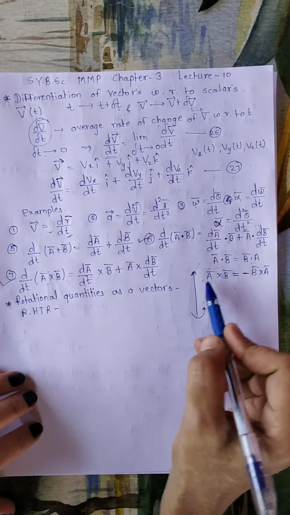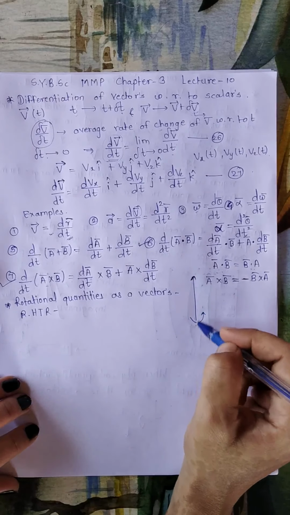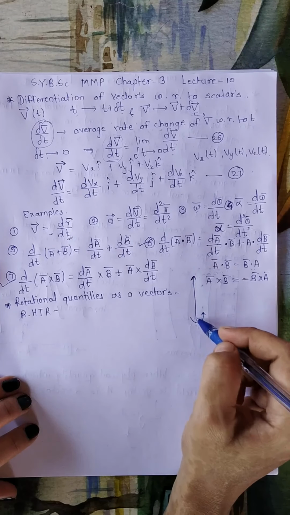Now if I am considering this vector which represents the axis of rotation, then the length of this vector will represent magnitude.